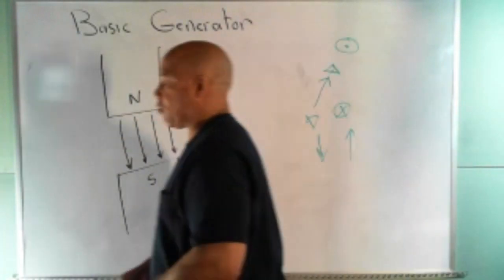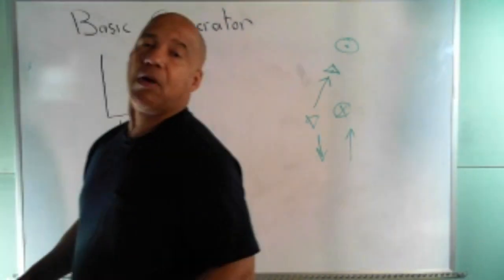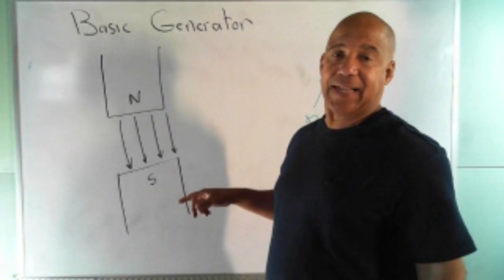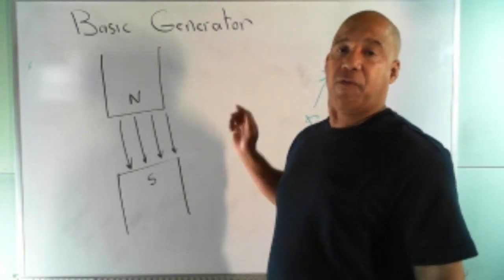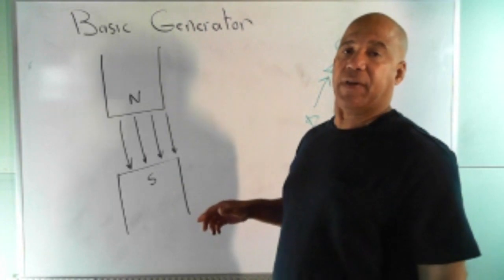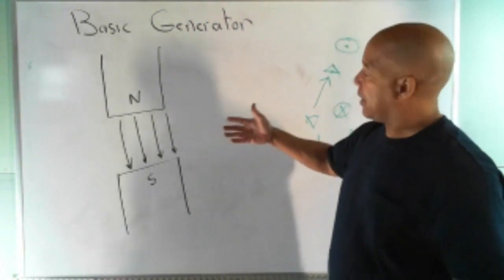And so there's a right-hand rule which will show you the force on a charged particle moving through a magnetic field. What you do is you take your right hand and your fingers.